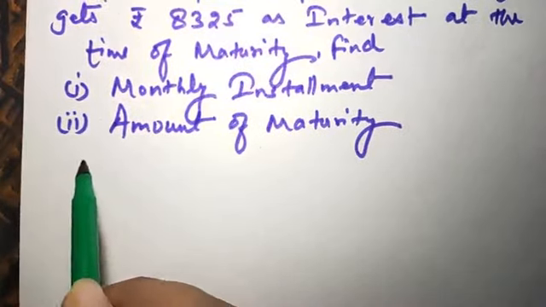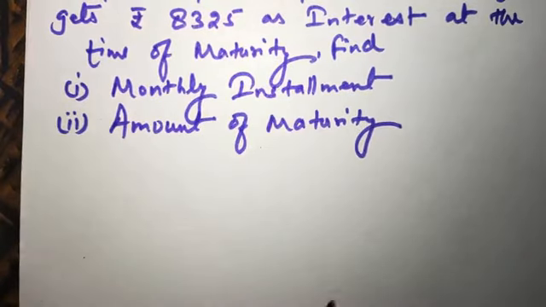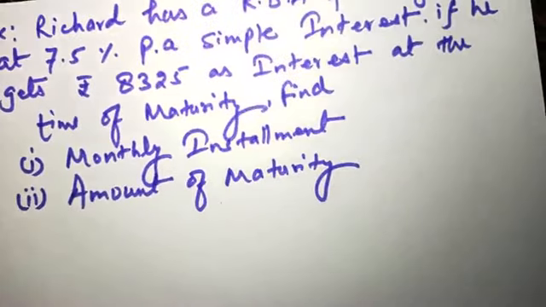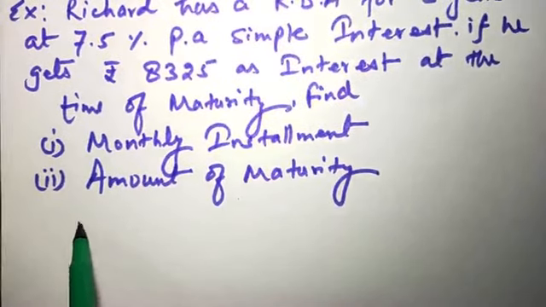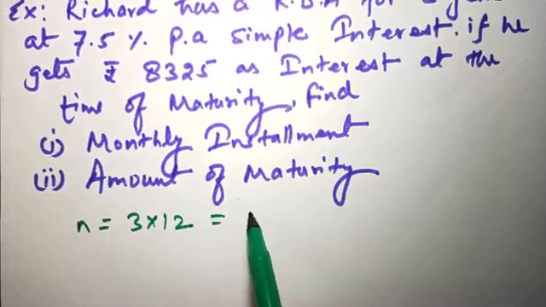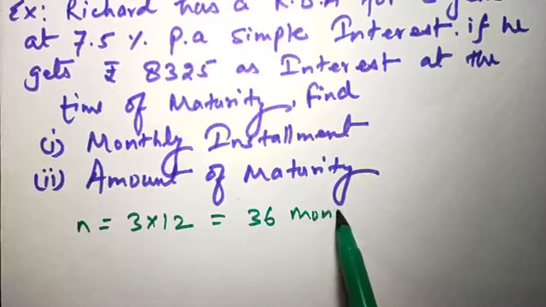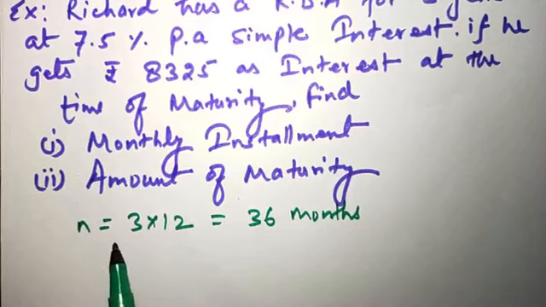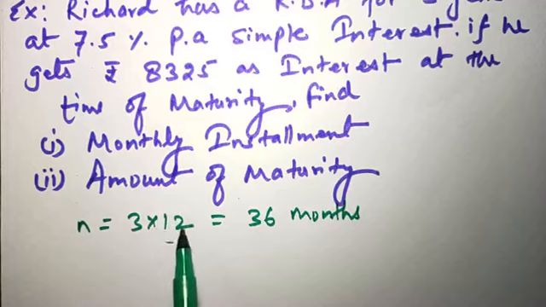Here time is clearly mentioned, 3 years, but we have to write n. So what is our n here? 3 into 12, so this is 36 months, because here n indicates the number of months. We can't write this n in terms of years, so that's why we multiply this by 12.